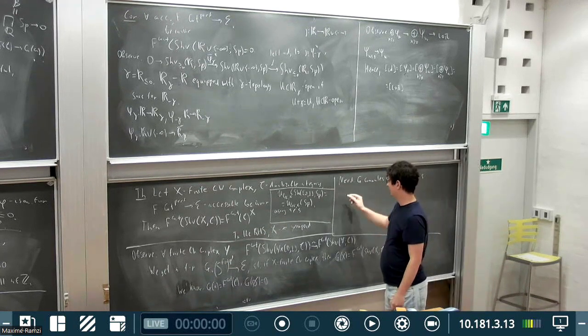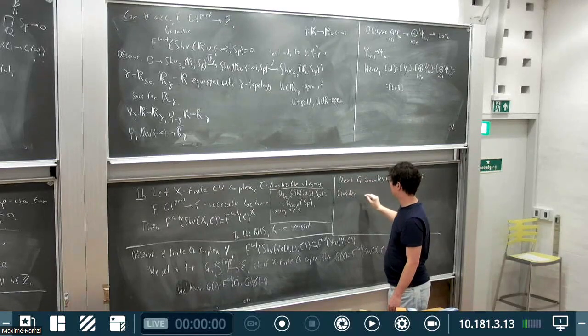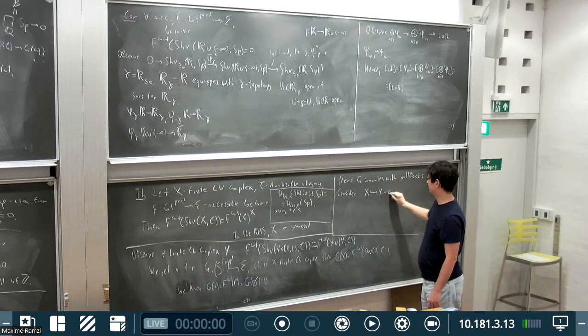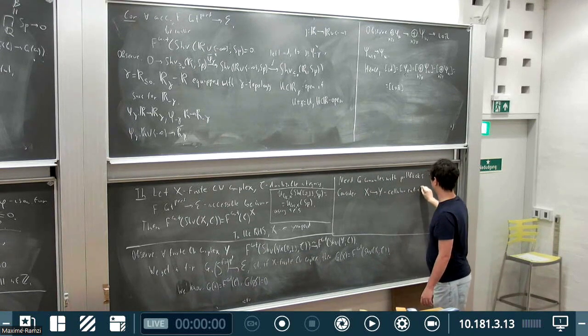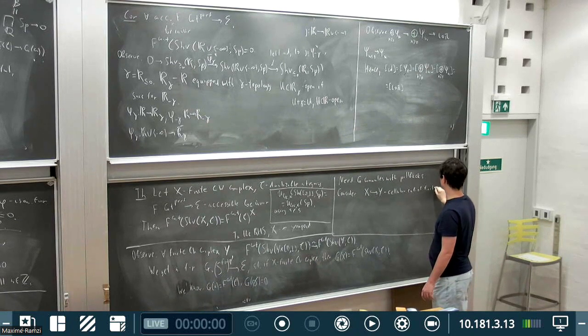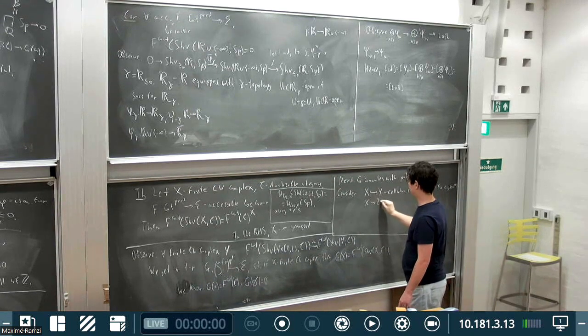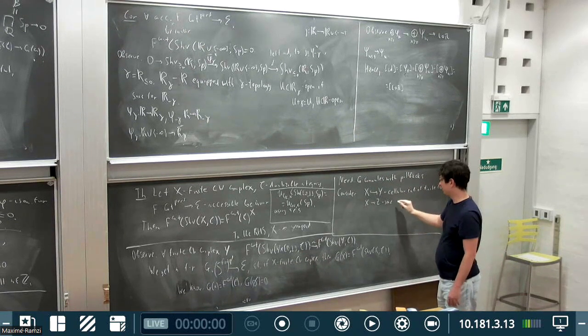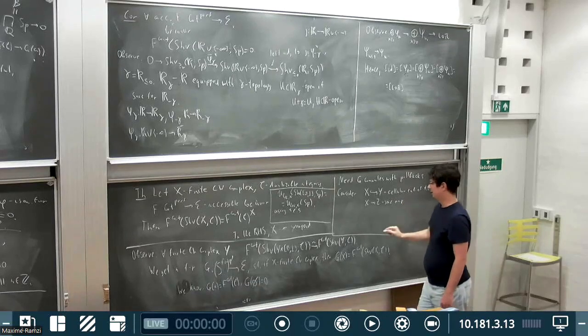But now we can take an actual diagram of finite simplicial complexes. Let's say X to Y is a cellular embedding of finite simplicial complexes, and X to Z is just some continuous map of finite simplicial complexes.